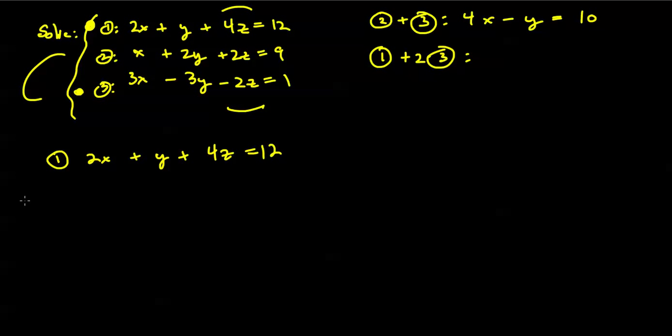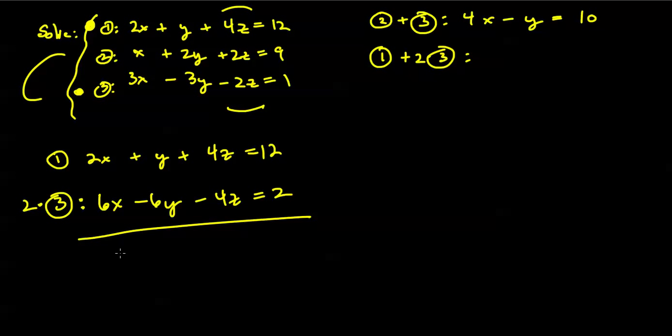I'm going to take equation 3 and multiply it times 2. I'll get 6x minus 6y minus 4z equals 2. And if I add these two equations, I'll get 8x minus 5y, the z's cancel out, which is what I wanted, equals 14.